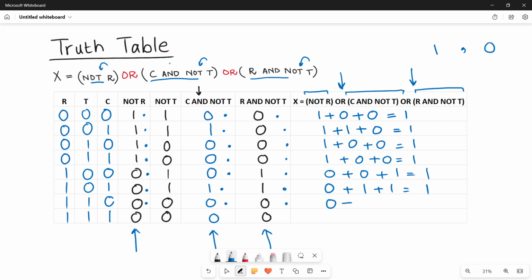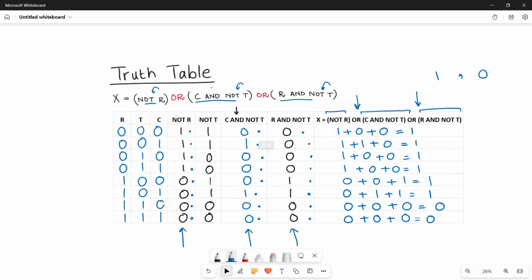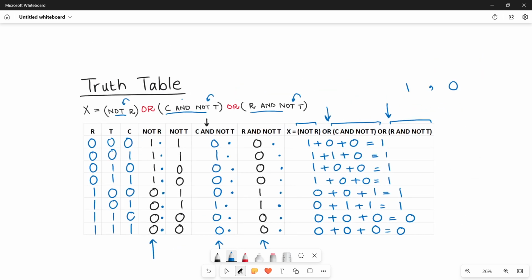Yes, this is the case when your alarm is not going to produce any sound because the output is 0. 0, 0, 0. Another condition where the output is going to be 0. So this is how you have to fill the truth table for this particular example.